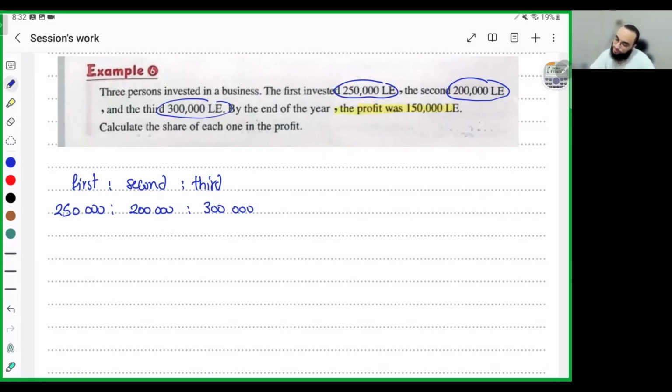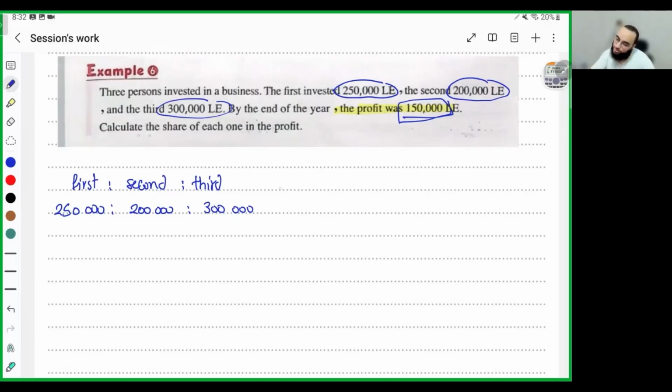The profit belongs to all of them. Then it's a sum question.